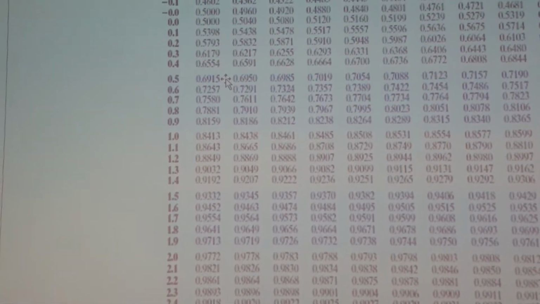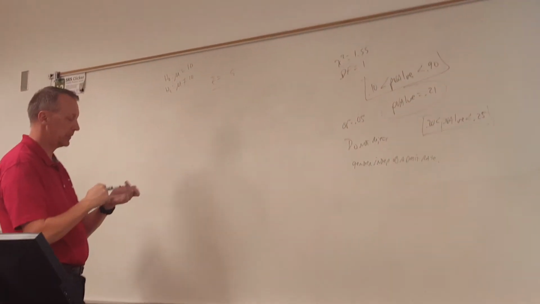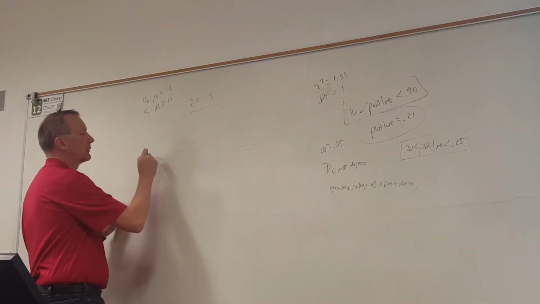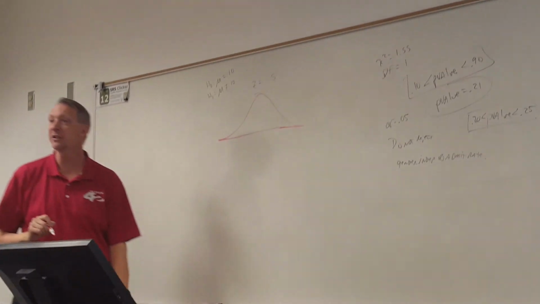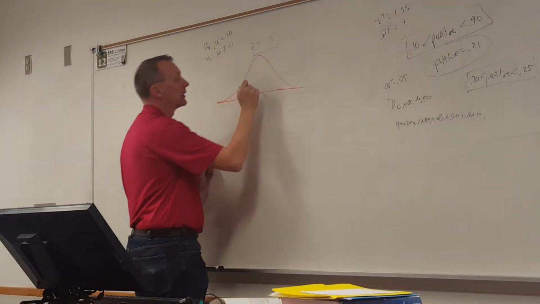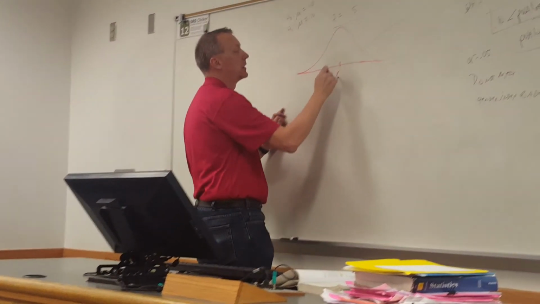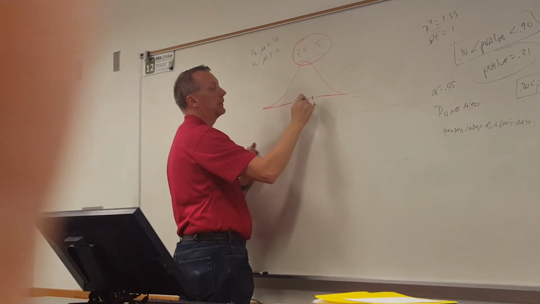Do you see that? Now, this is where the picture comes in really handy. What's going on with the picture? We've got a nice normal distribution, it's symmetric. What should the mean be? 0. And I got a z-score of 0.5.